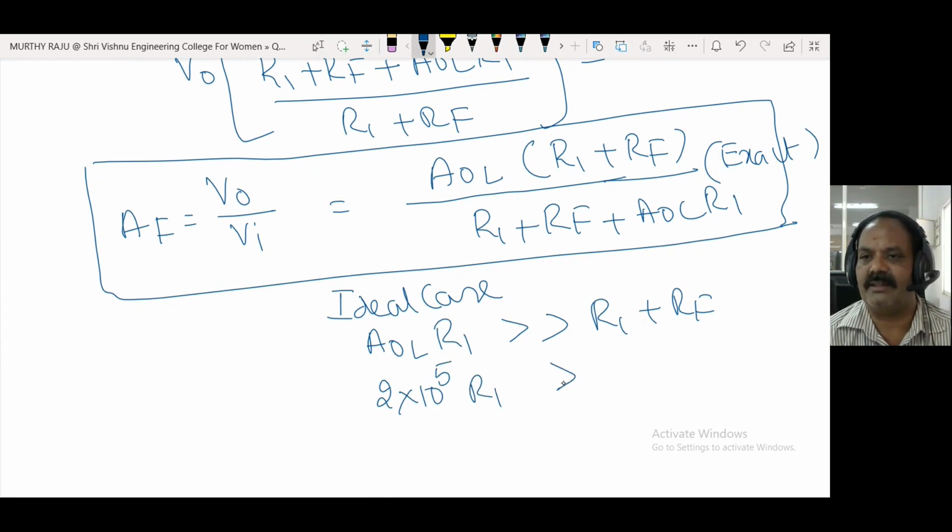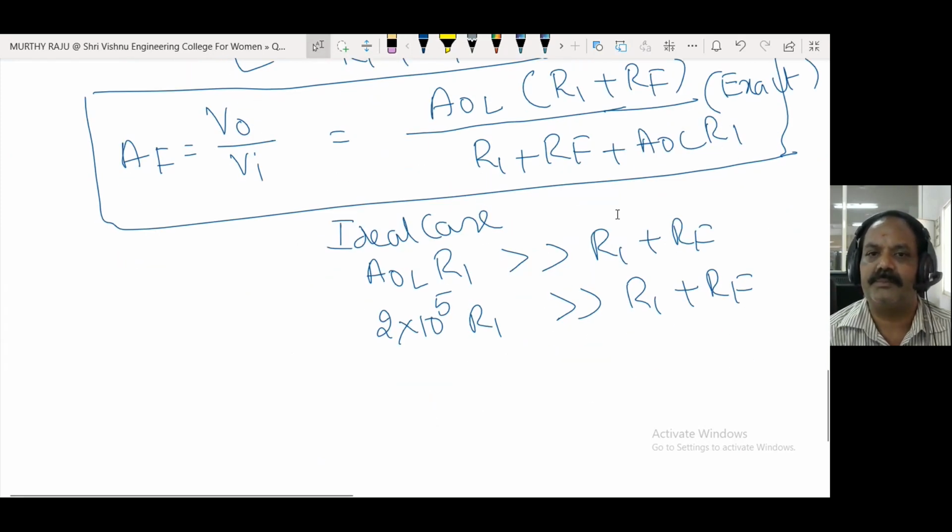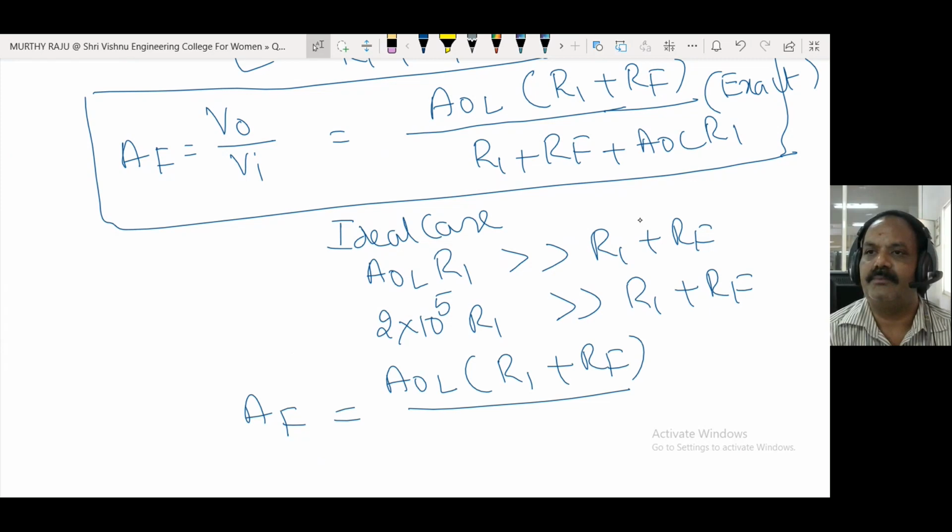By using this assumption, AF is equal to AOL into (R1 plus RF) by AOL into R1, and R1 plus RF is neglected. Finally, AOL into R1 is present.